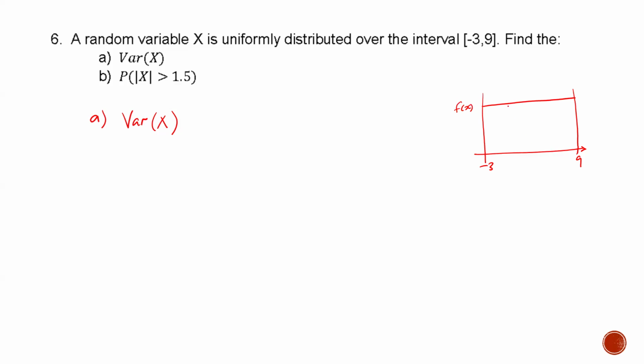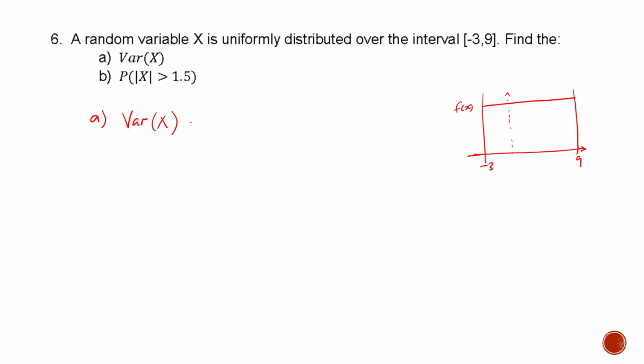And of course the y-axis is somewhere here, because when x is 0, that's where the y-axis is, but it's not important in this case. Everywhere else along the x-axis, the probability is 0 because it's only defined at this interval, -3 to 9.